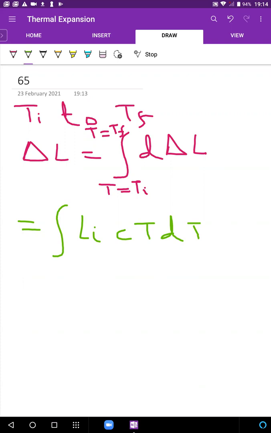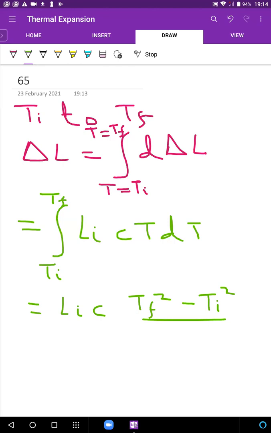For all practical purposes, changes in length will be negligible unless it is specifically said that it doubles or triples. Until then you can take L more or less to be a constant. So integrate L alpha C T dt from T initial to T final. Okay? So that comes out to be L alpha C times T final square by 2 minus T initial square by 2. Okay? So this is what you get as the increment in length.